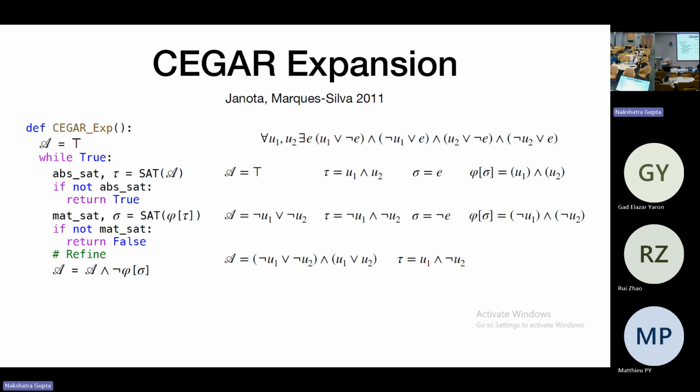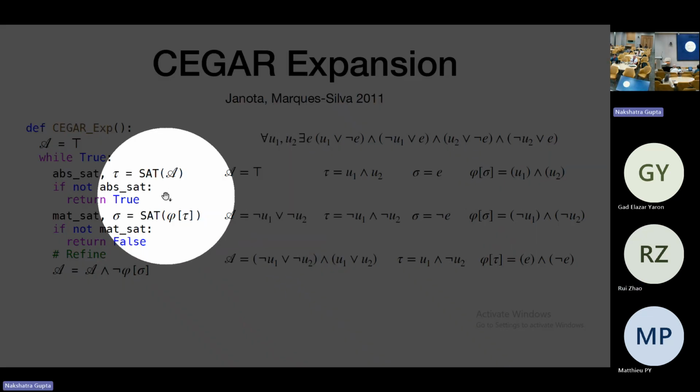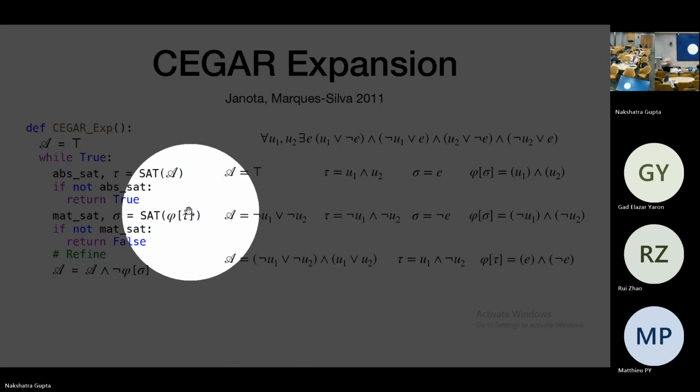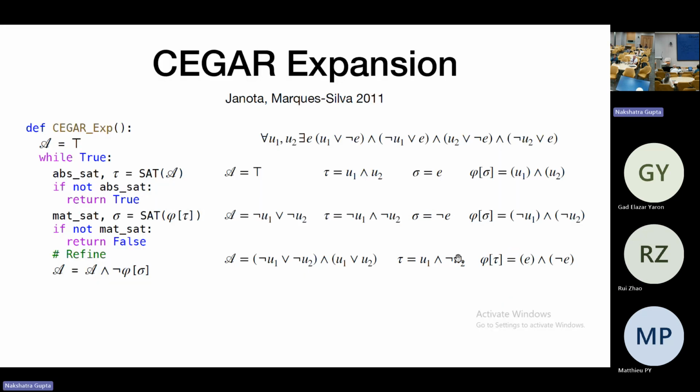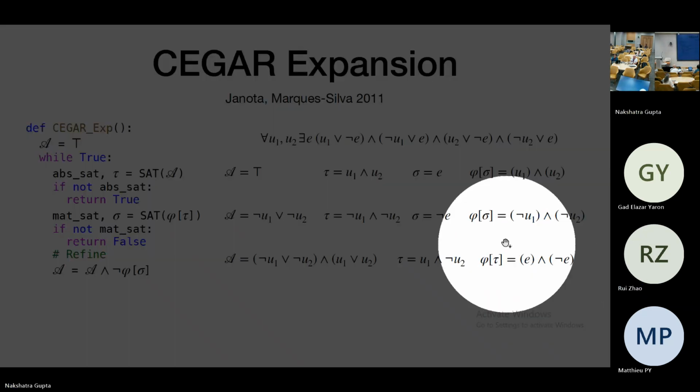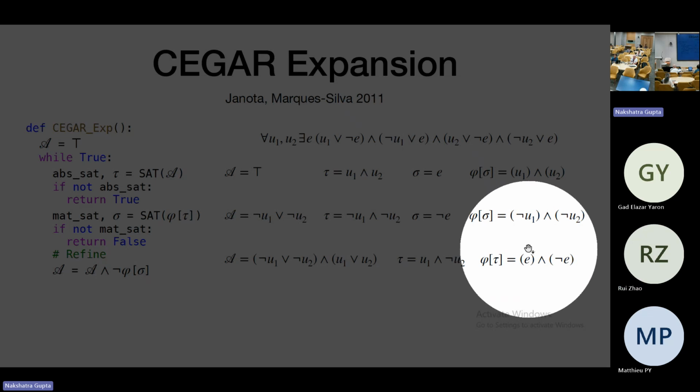This is a move that satisfies the abstraction. And now we plug that into our matrix, and we get this formula here, which is unsatisfiable.